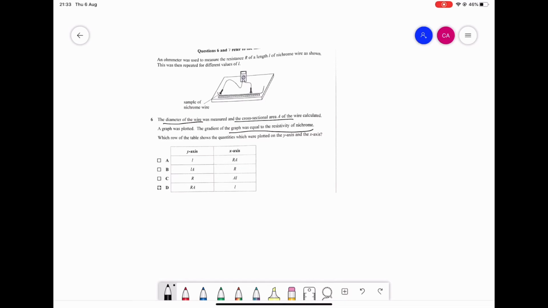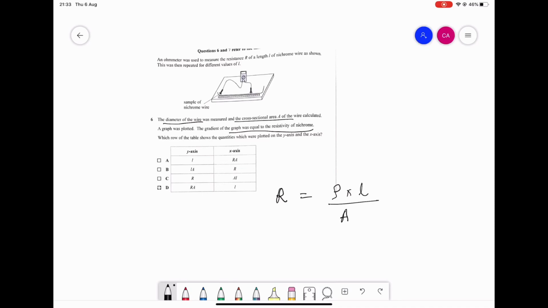So let's write the equation where we can relate the resistance of a wire to the resistivity. We know this equation: resistance is equal to the resistivity times the length of the conductor over the cross-sectional area of the wire.